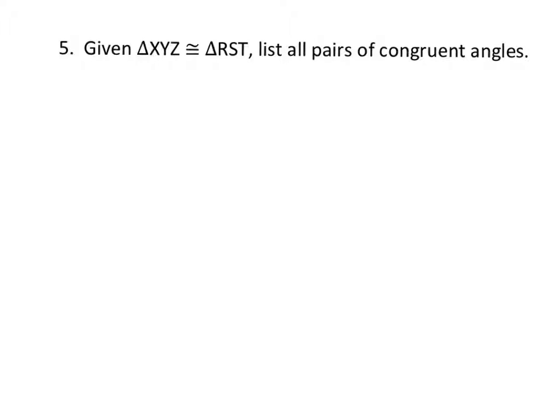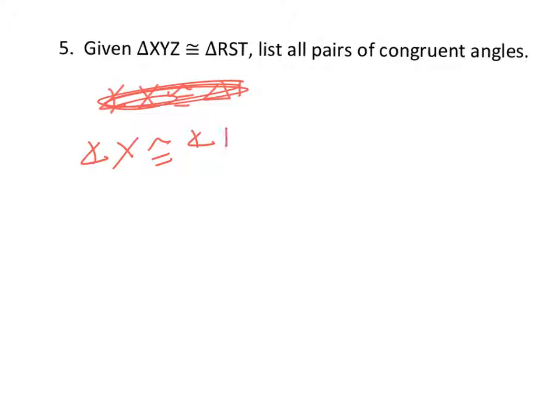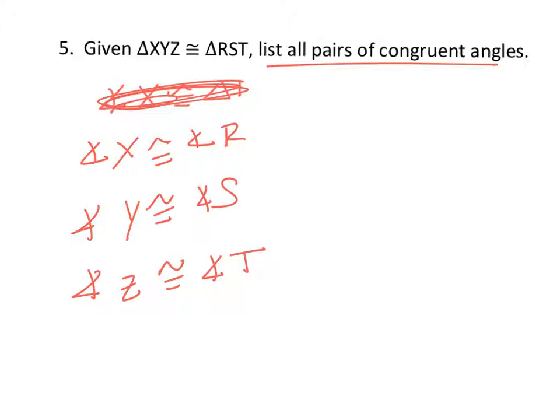So we say that angle X is congruent with angle R, angle Y congruent with angle S, and finally angle Z congruent with angle T. That's all three of them matched up.